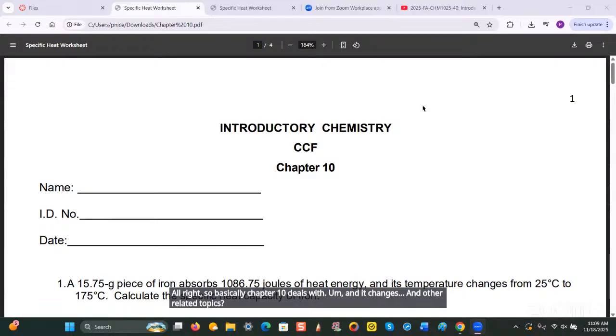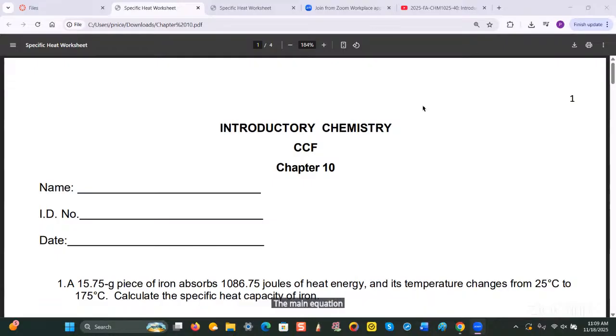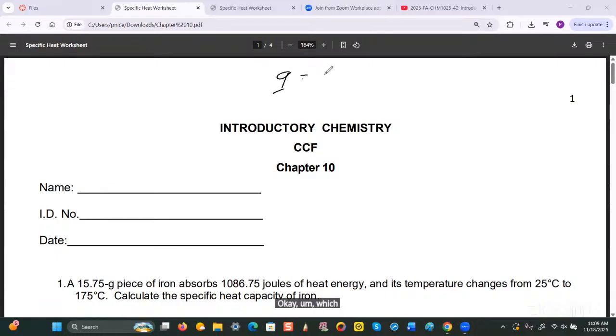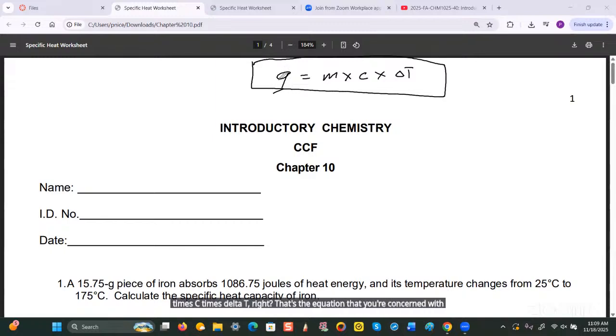And I would say that the main equation you need to be concerned with in this chapter will be what I'm about to write on here, which is Q is equal to M times C times delta T, right? That's the equation that you'll be concerned with for pretty much this chapter, right?